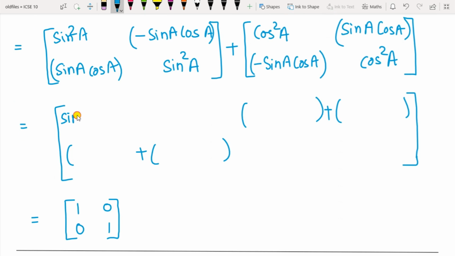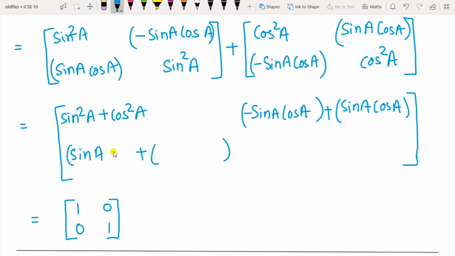So sine square A plus cos square A, second with the second element, this is minus sine A cos A plus sine A cos A, right. Third element with the third element of the second matrix, sine A cos A plus this is minus sine A cos A, and the fourth element, that is sine square A plus cos square A.